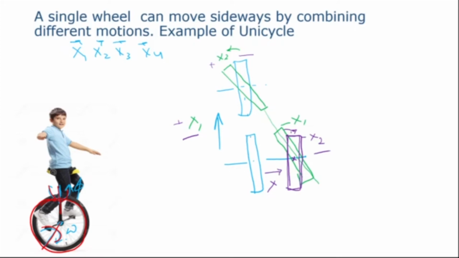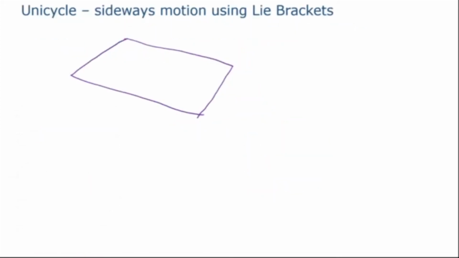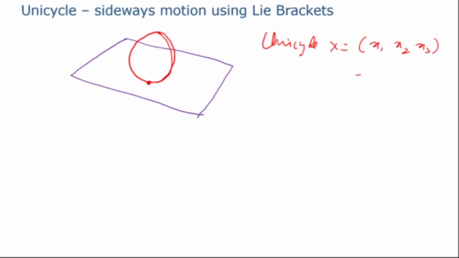If you look at that one wheel, it is making contact there. So I can say that for the unicycle, x dot is equal to x1, x2 and x3. These are vectors x1, x2 and x3. So x, y and theta, which I can write in terms of q as q1, q2 and q3.